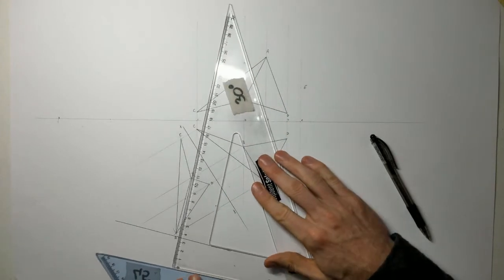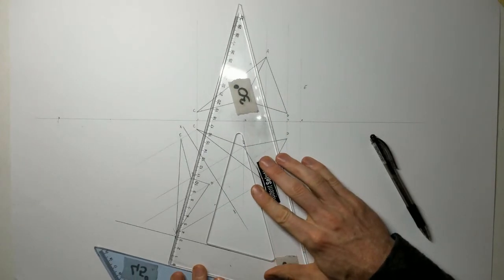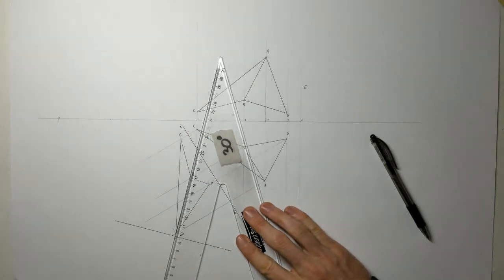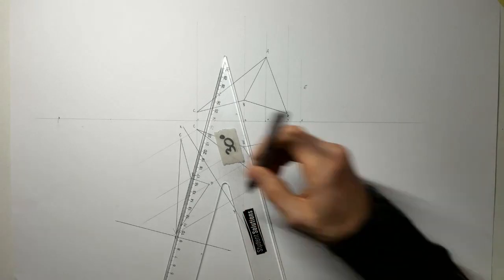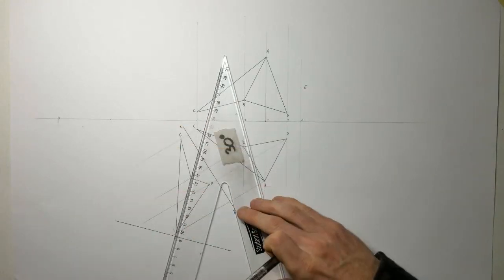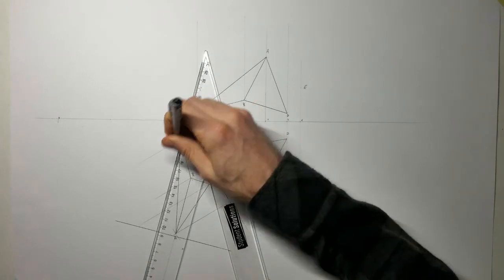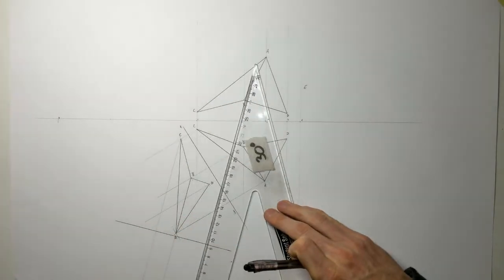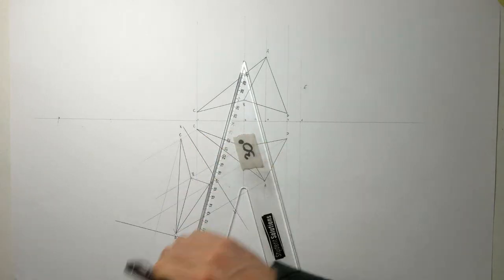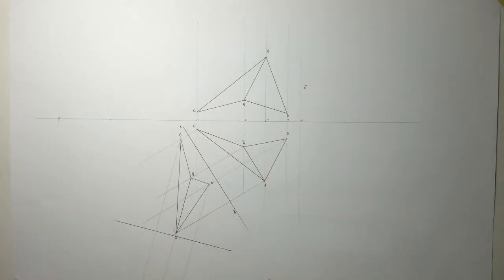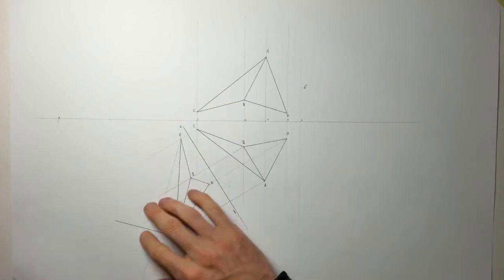I have to go back further to that. AB, project it out. C, project it out. And D, here. So we're going back two views here.